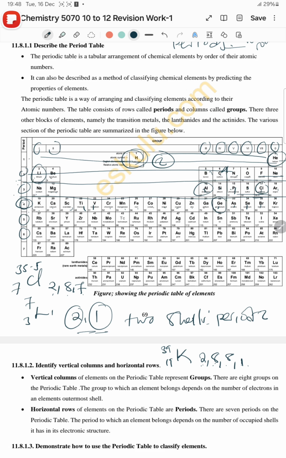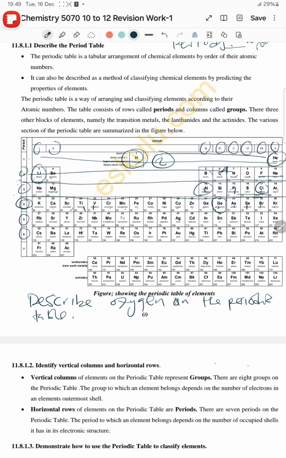So questions do come. I've just chosen oxygen here for this simple question: describe oxygen on the periodic table. What a good question. Very important. So if I want to describe oxygen on the periodic table, I ask, where is oxygen? It is this one here.